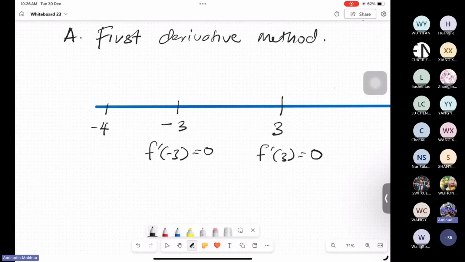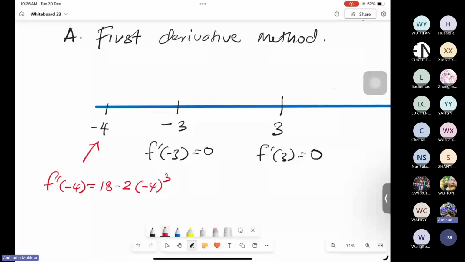The slope is f'(-4), which is equal to 18 minus 2 times (-4) to the power of 2. The answer is -14. So before -3, the slope of the function is negative.